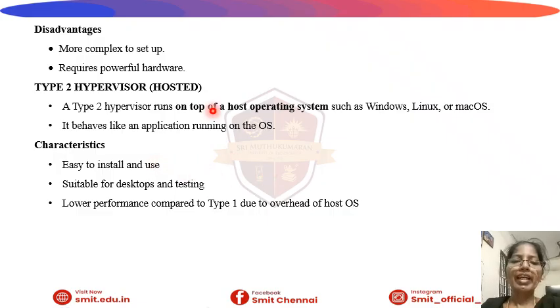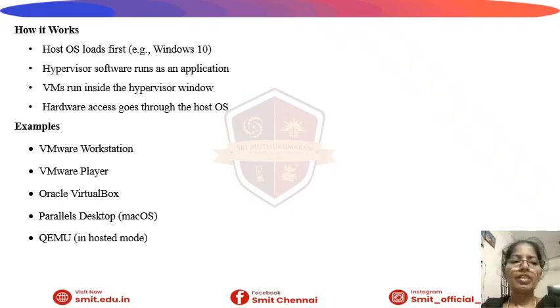It behaves like an application running on the operating system. Some characteristics: it is easy to install and use compared to the type 1 hypervisor, and suitable for desktop and testing. It has lower performance compared to type 1 due to the overhead of the host operating system.